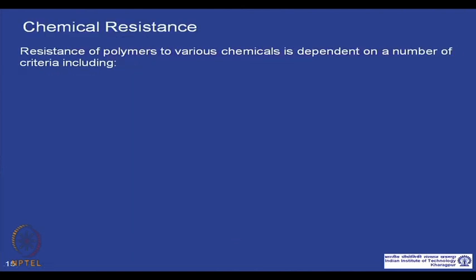We also briefly talked about chemical resistance. Chemical resistance is basically a property where a polymer is brought in contact with certain chemicals, and after a given exposure time the property retention is measured. If you are talking about a mechanical property, then after the exposure, the mechanical properties like impact, tensile strength, or ductility are compared with the values before the exposure to the chemicals.